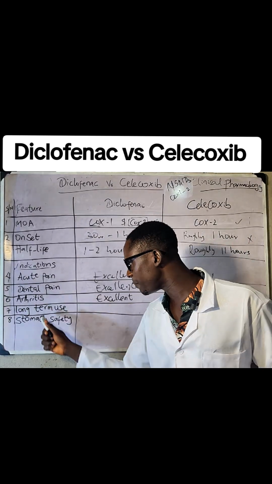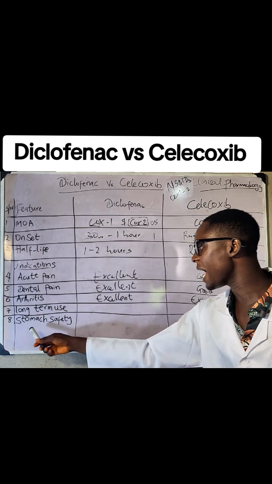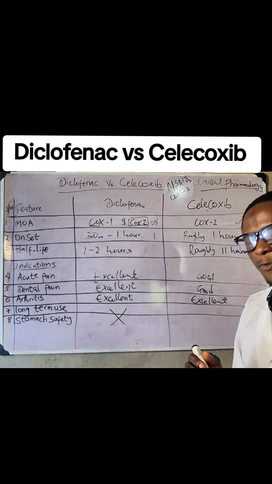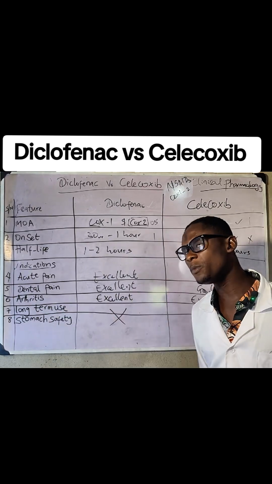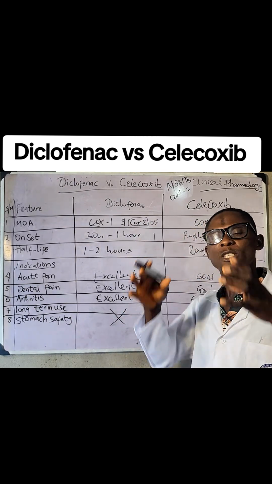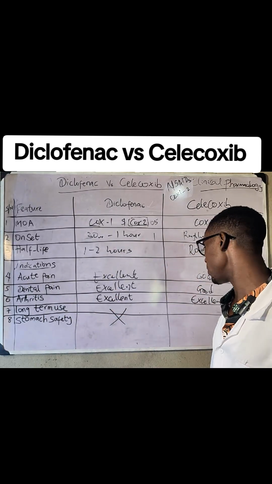So these are the places where diclofenac did not do well. For long-term use and stomach safety, diclofenac is not a yes here. Because long-term use will inhibit the production of prostaglandin and it will reduce the stomach protective lining, which can actually lead to ulcer.